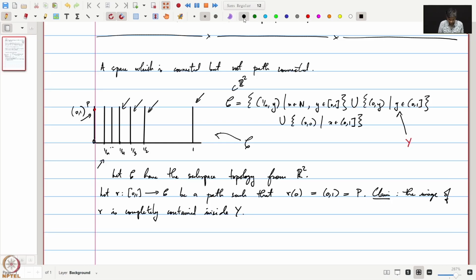So let us prove the claim. So let us assume this is not true, and that the image of gamma moves out of Y.